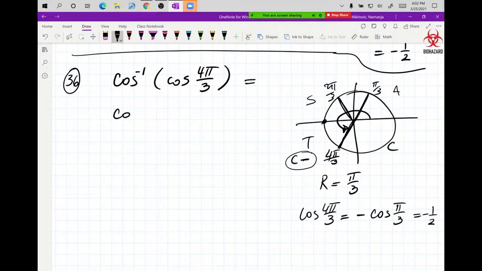So this turns out to be cosine inverse again of negative 1/2. And we know because of the last problem that that's 2 pi over 3, not 4 pi over 3. So you can't just cancel. You have to be a little bit careful with calculations.